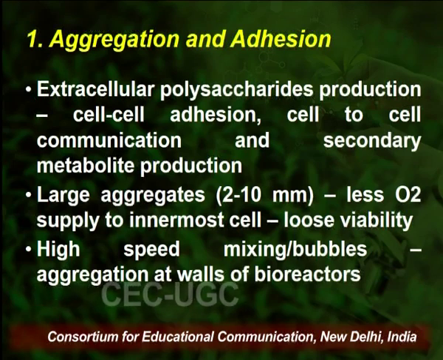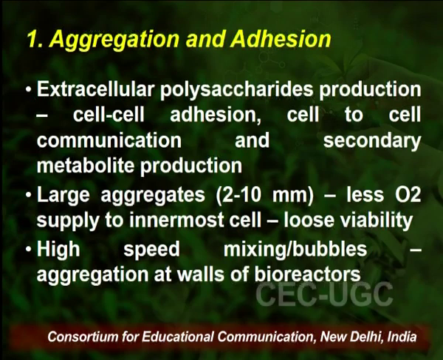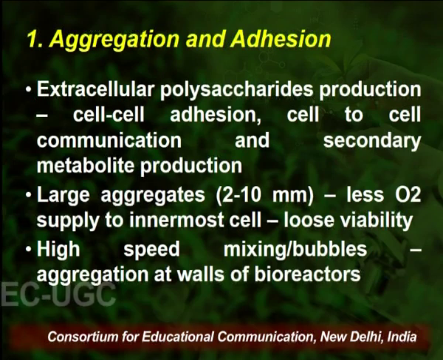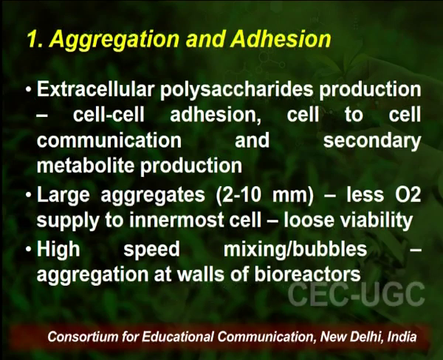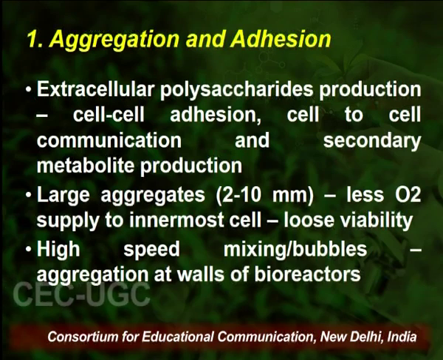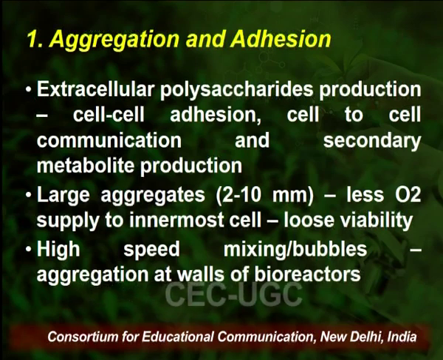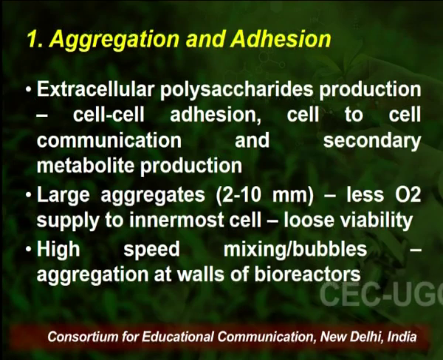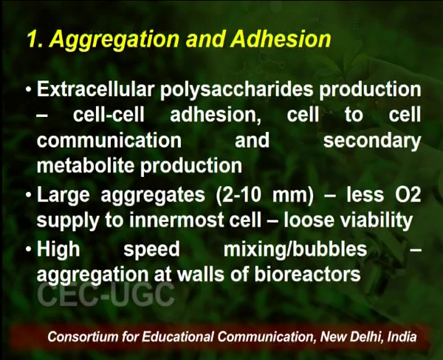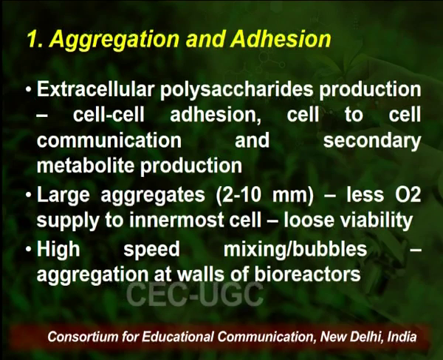As you can see, large aggregates, if their size ranges from 2 to 10 millimeters, cause problems. There will be less oxygen supply to the innermost cells, which gradually lose their viability and get converted into senescent patches in those aggregates. Further, in order to have a proper oxygen supply and nutrient supply, we sometimes expose the media to high speed mixing using impellers or high speed bubbles in bubble reactors.